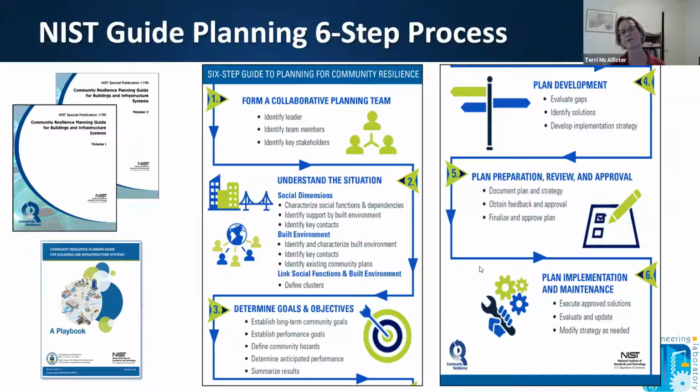Many of them felt they were continuing a planning process, and there was a strong tendency to jump right into plan development. So the real value in this process has been to help communities reevaluate what they're doing and to supplement maybe some of the gaps they had in their planning process.